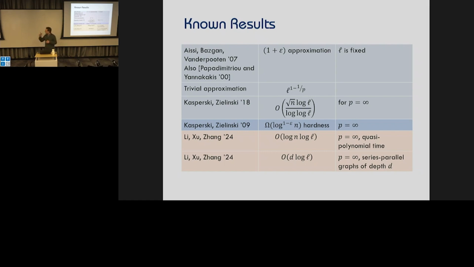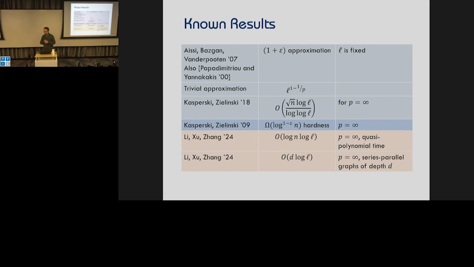Now, the first non-trivial algorithm is by Kaspersky and Zelinsky, who showed how to get a big O of root n log L over log L approximation for p equal to infinity. They also showed a hardness of log n to the power of 1 minus epsilon for every epsilon greater than 0 when p is equal to infinity.